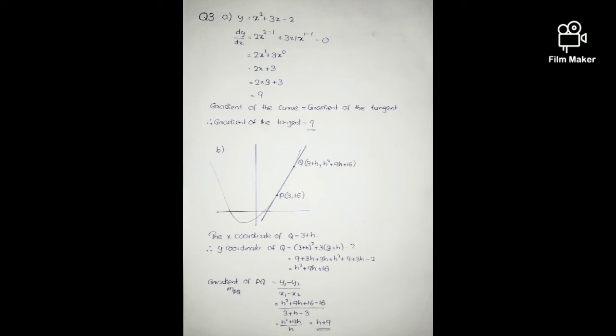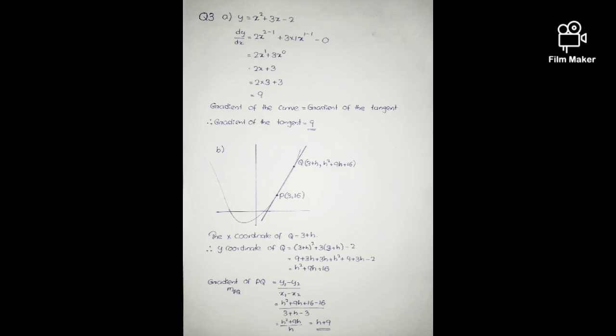We know that point Q is on the curve y equals x squared plus 3x minus 2, and the x coordinate is 3 plus h. Therefore, if you substitute 3 plus h into the curve, we can get the y coordinate of Q. That is already worked out in this question.